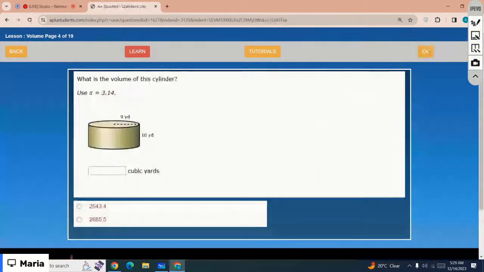Next one is again a cylinder. So use the formula V equals pi r square h and write the correct option in the chat box, right?